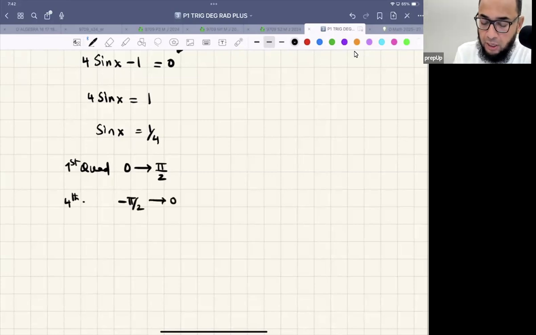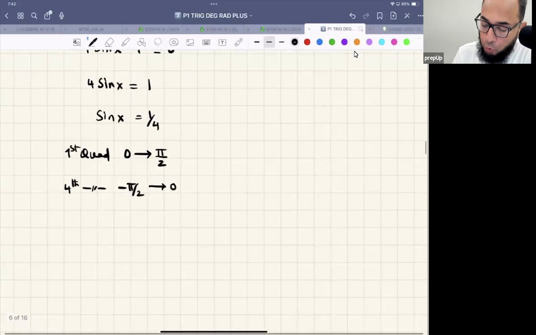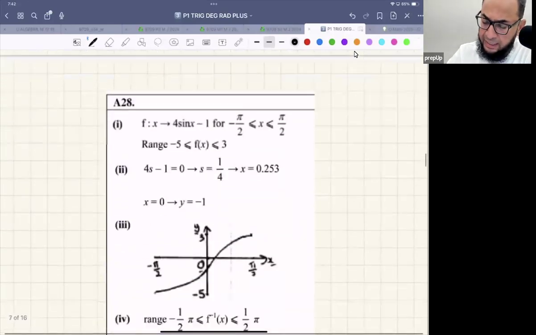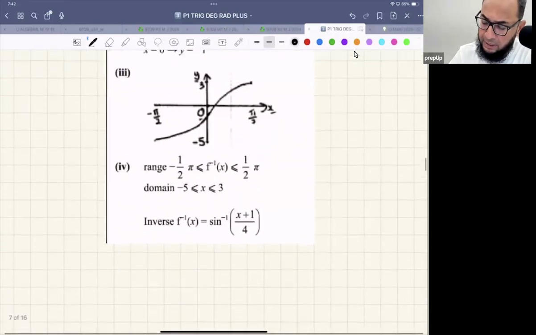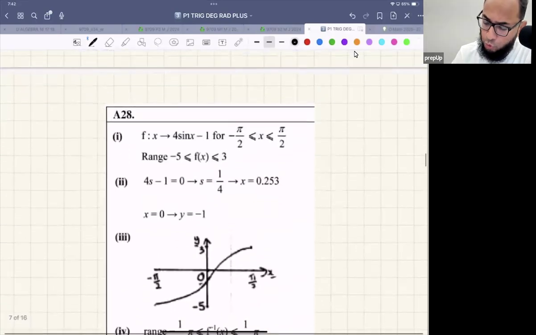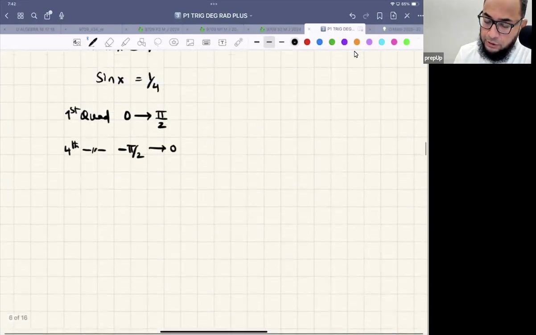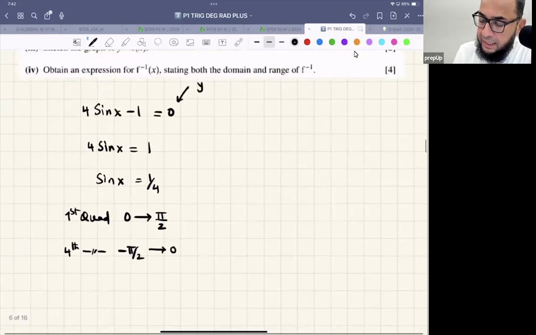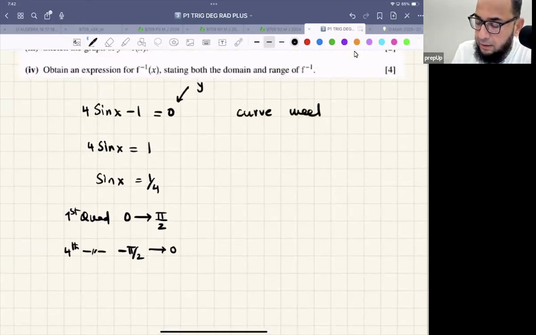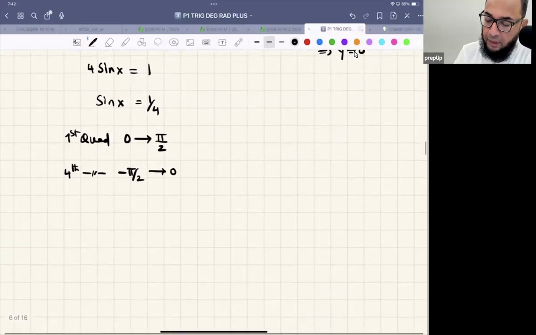So now we have to look out for both of them. And the answers are right over here. So this is where the curve meets the x-axis, so y is equal to 0.